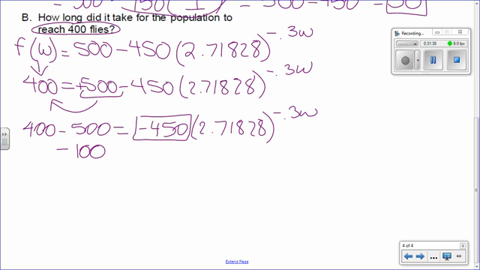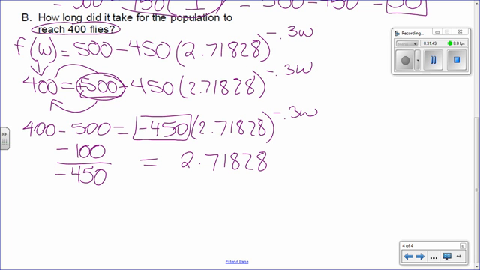So I'm going to take that across, and it will be divided. So remember, first I took this 500, subtracted from the 400, and then I took this negative 450, because that's how it was on the equation, and I took it across, so it was divided.